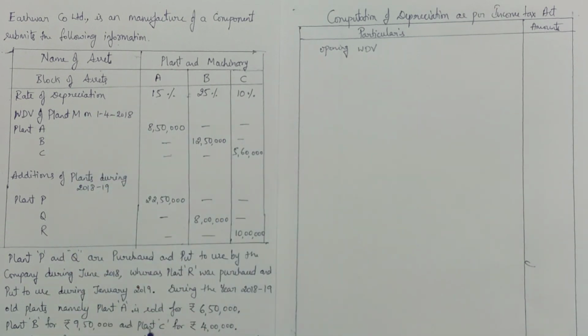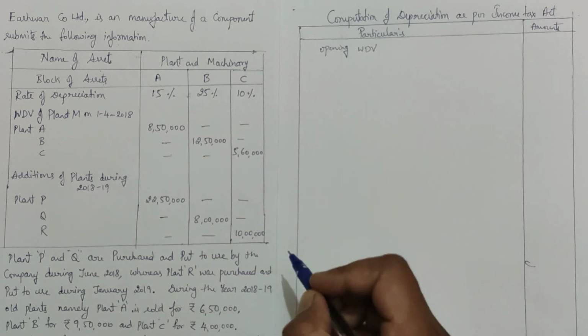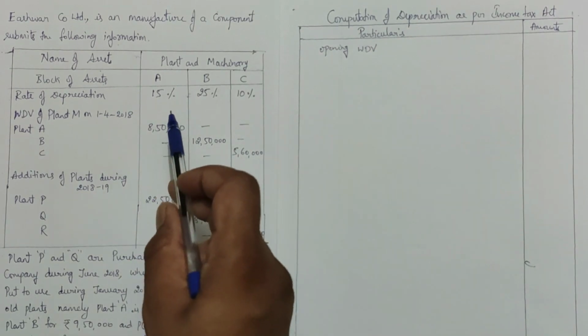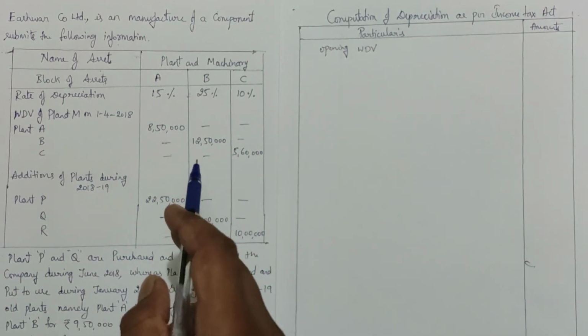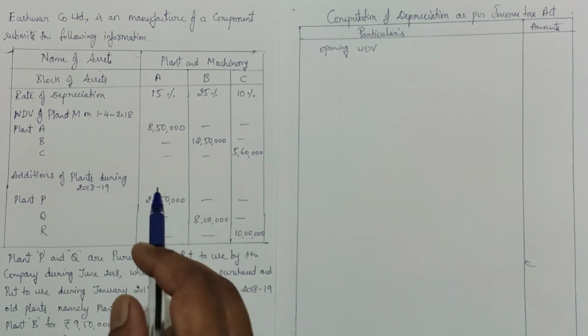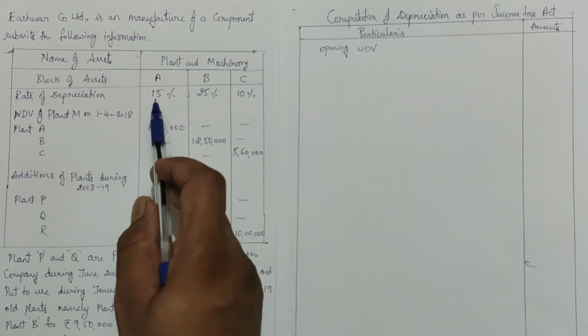Even here we have a few adjustments. But before that, first we will find out the basic things that we require to calculate depreciation. We need to make blocks of assets, right? Always we need to find out depreciation based upon block of assets, which we can create based upon the rate of depreciation.